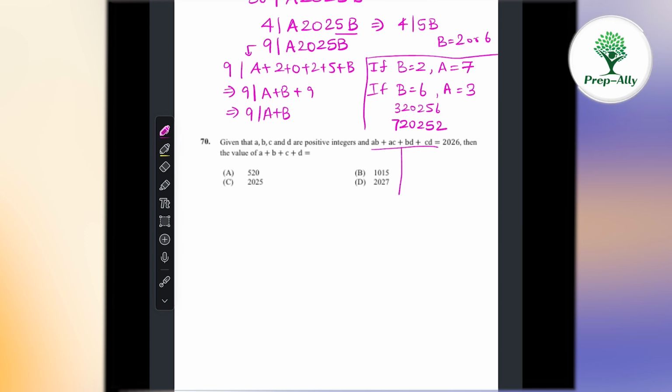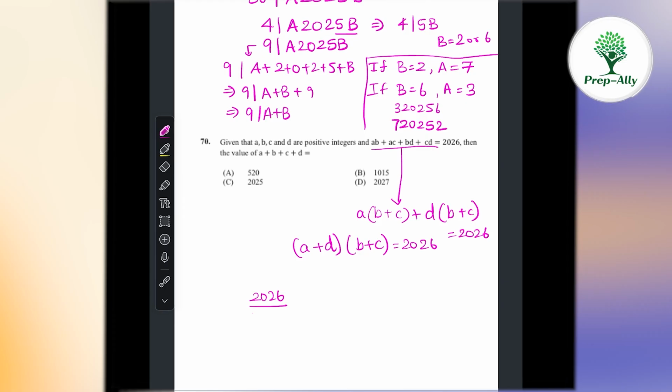So if we factorize this, we get a times b plus c plus d times b plus c equals 2026, from which we get a plus d times b plus c equals 2026, and 2026 can be written as the product of its factors as 1 times 2026 and 2 times 1013, and 1013 is a prime number.